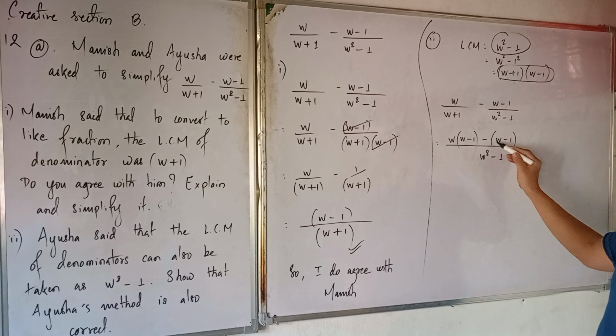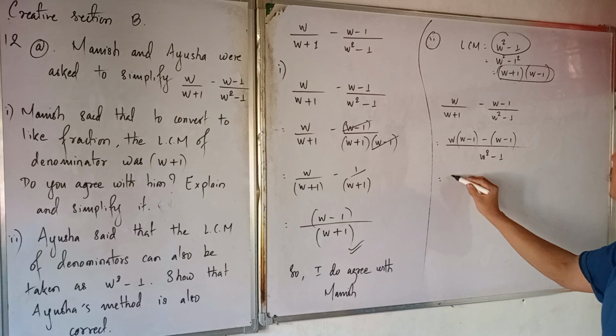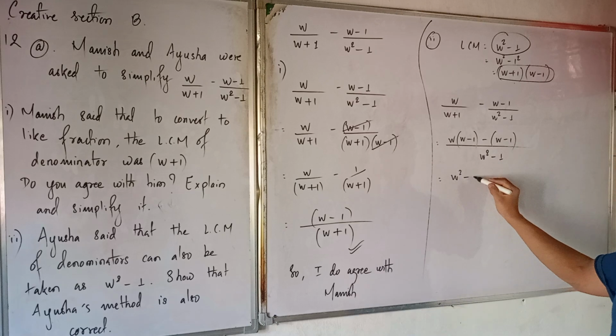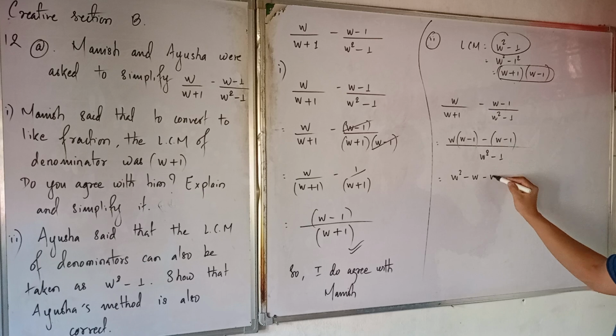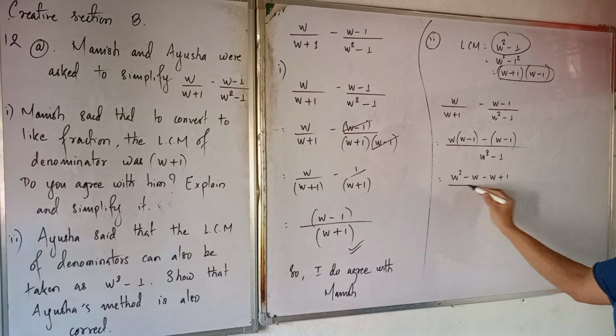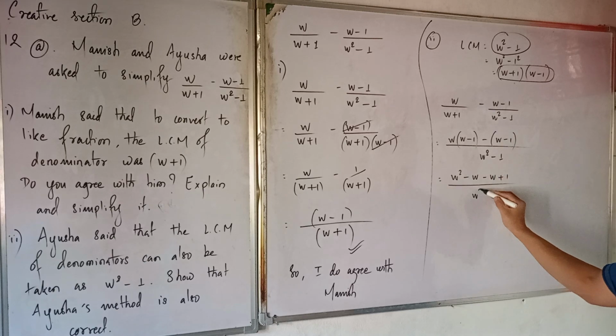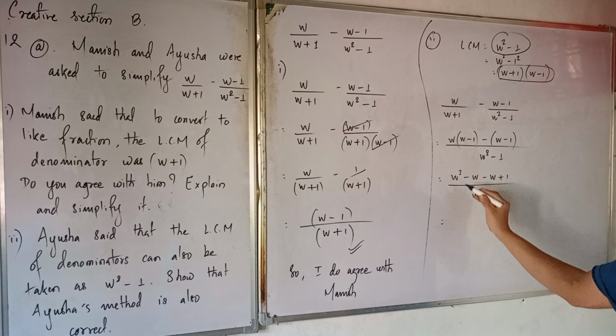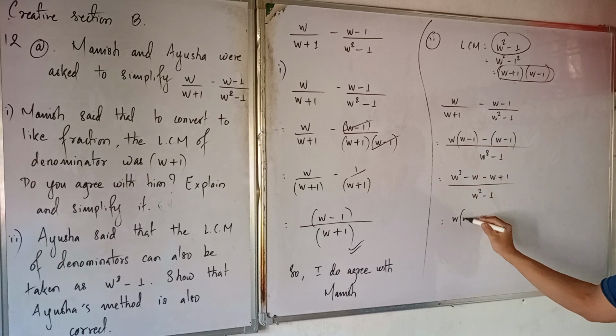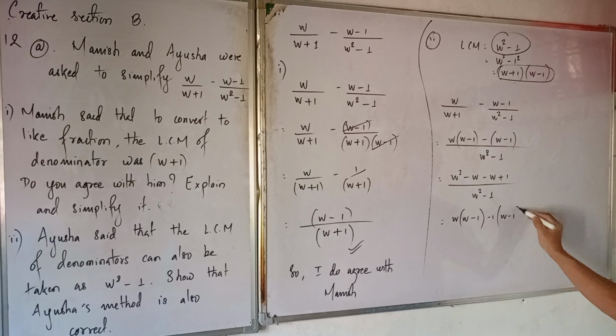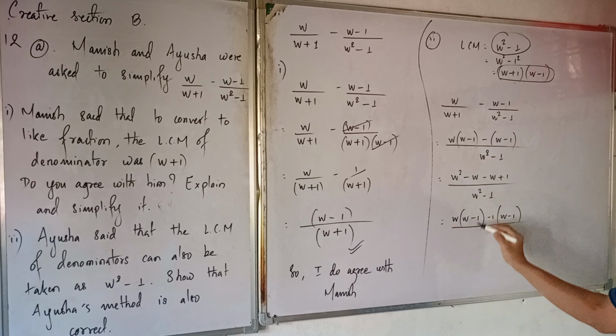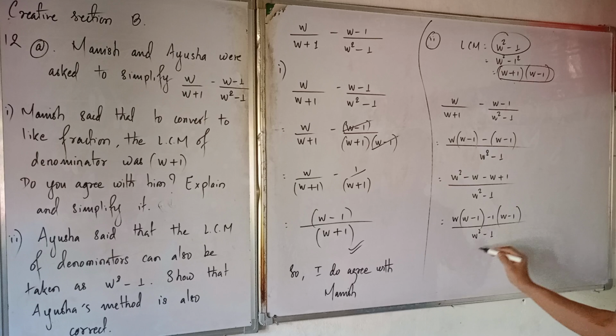Because of this minus 1, I have enclosed it inside the bracket, so this becomes w square minus w minus w plus 1. In the denominator, w square minus 1. Now we can take common here, w minus 1 minus 1, w minus 1. So w square minus 1.